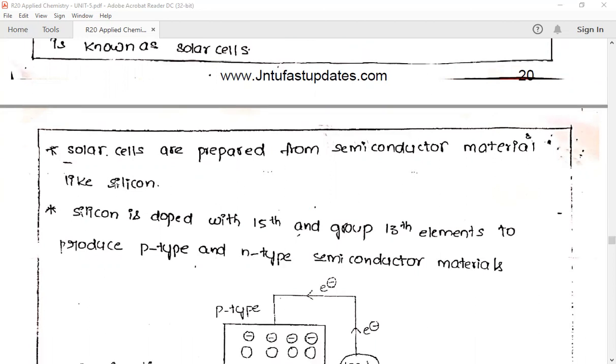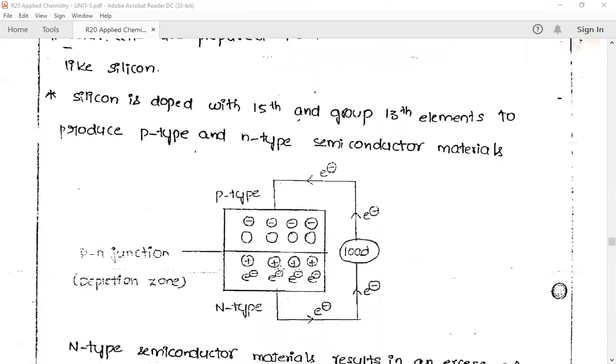The same way, solar cells are prepared from silicon doped with the 15th and 13th group elements. If silicon is doped with a 15th group element, it will produce the n-type semiconductor material, whereas if it is doped with a 13th group element, you will get the p-type semiconductor material.